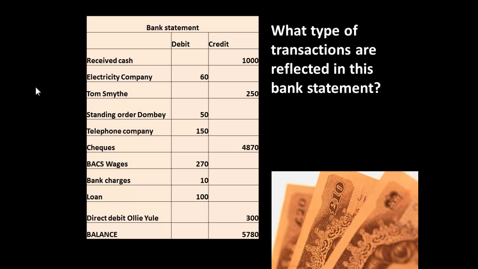The Tom Smythe one, a credit of £250, represents a cheque paid in. The standing order for £50 represents money paid out. The telephone company for £150 is money paid out. Then you have just a series of cheques paid in, and that comes to £4,870, and so on. And at the end of the day, the balance is £5,780.